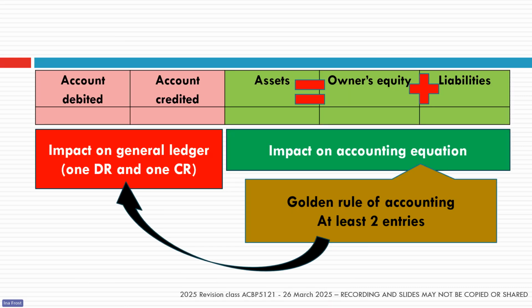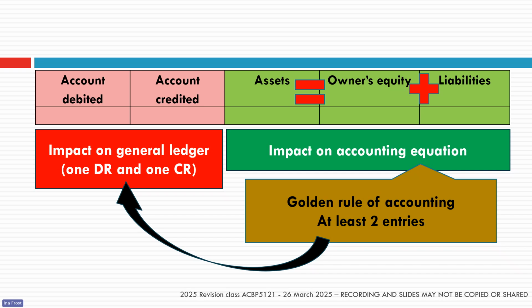Okay, so before the break, we said that when a transaction takes place in the business, we have the golden rule of accounting, which tells us that there must be at least 2 entries to record this transaction. Those 2 entries will relate to the accounting equation. We can't just increase the assets, we can't just decrease liabilities.